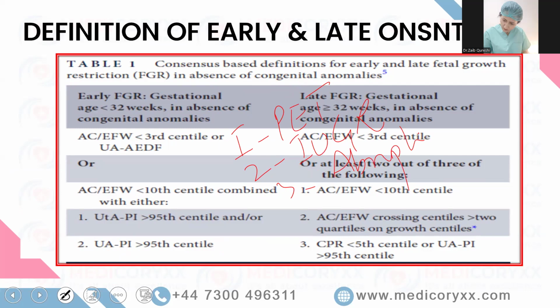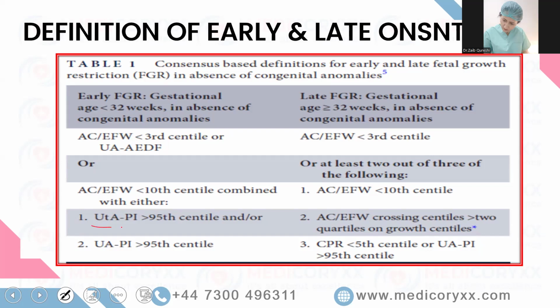If any woman has had these problems in the previous pregnancy, we screen with uterine artery Doppler in the next pregnancy, to check if the current pregnancy is at risk of IUGR again, because one of the risk factors is a previous history of the same condition.